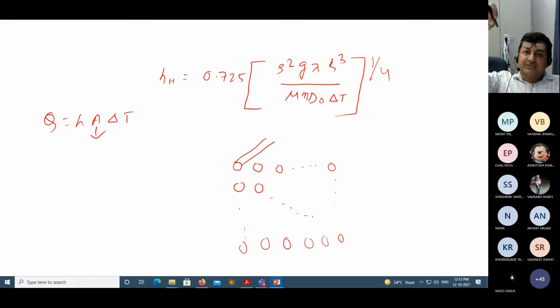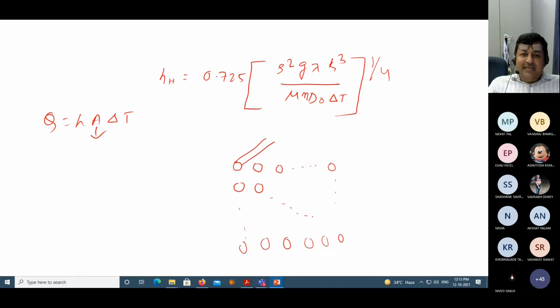Because these pipes are at a lower temperature than the steam, the steam condenses on the surface of the pipe. The steam is getting converted from the vapor state to the liquid state, and it is film-wise condensation that is taking place.